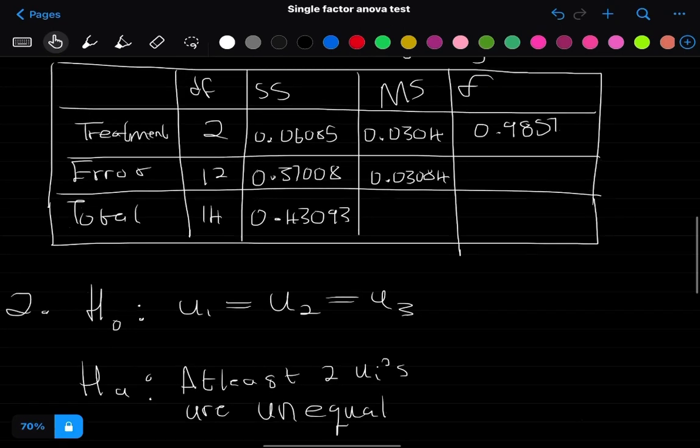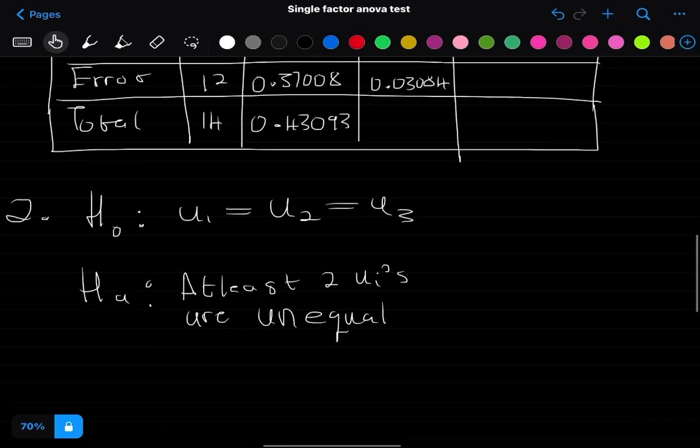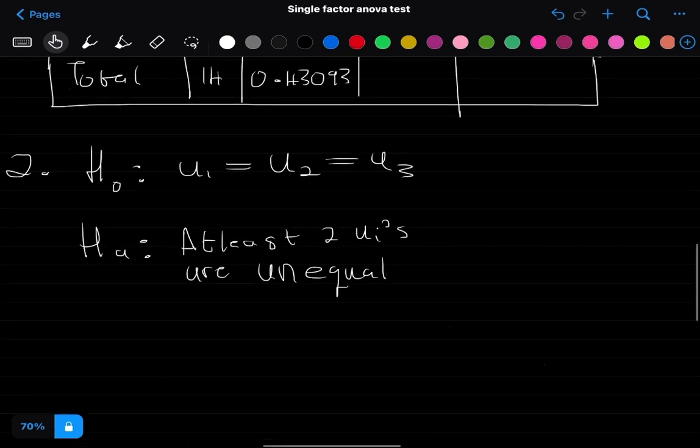Yes, we are dealing with an upper tail test, but there is no lower tailed or two-sided, right? Now that is our null hypothesis and our alternative hypothesis.